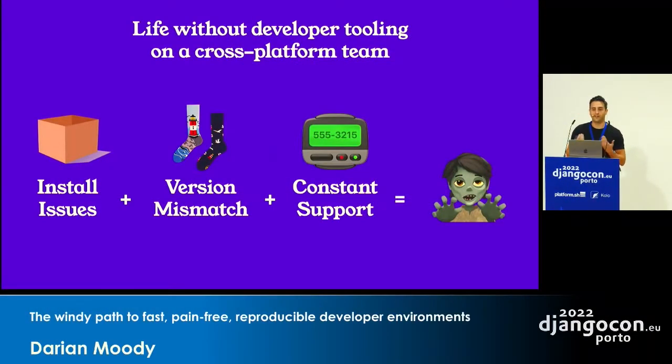And if you're in a leadership position such as I am, you're constantly needing to troubleshoot others' issues. And I'll go as far as saying that a decent developer setup is a prerequisite to hiring juniors, because otherwise you're deliberately setting them up to fail, and it's just not fair. And so historically, we and any other cross-platform team have looked to developer tooling to help us out with this.